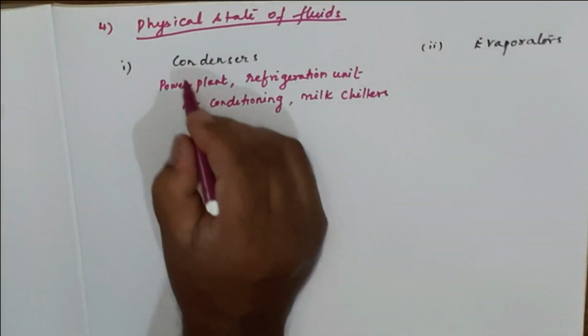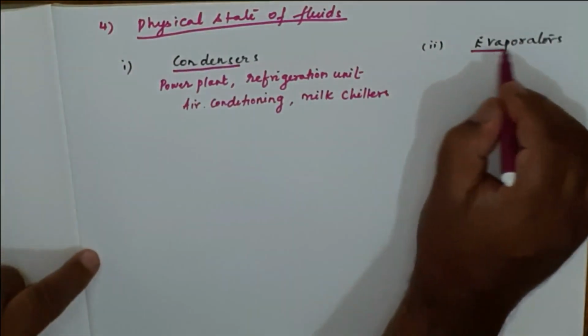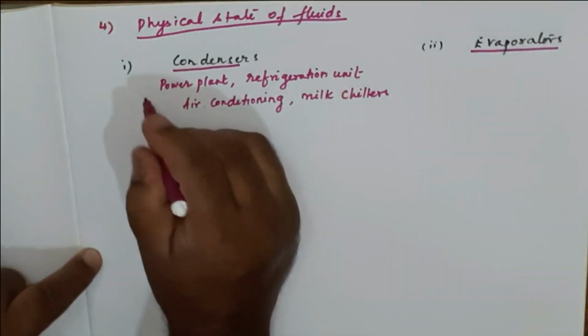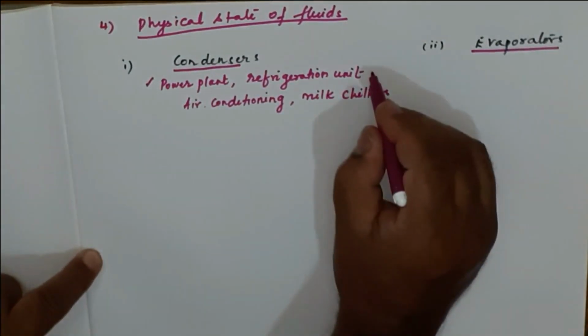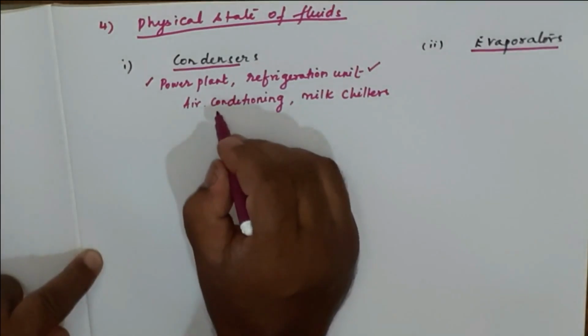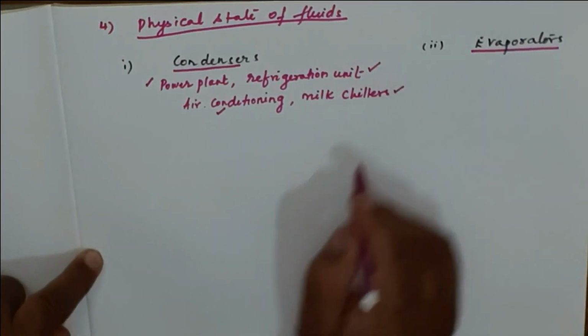So you have condensers and evaporators both in all these plants: power plant, refrigeration unit, air conditioning unit, milk chillers, etc.